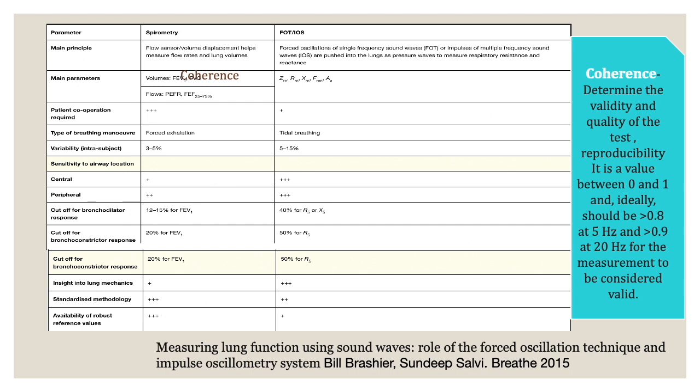It has a different cutoff for bronchodilator response. While 12% is used for spirometer, oscillometer uses a response of 40% for resistance or reactance to be called a positive bronchodilator response. And as I said, it can be used also for bronchoconstrictor responses. It gives a very good insight into lung mechanics.